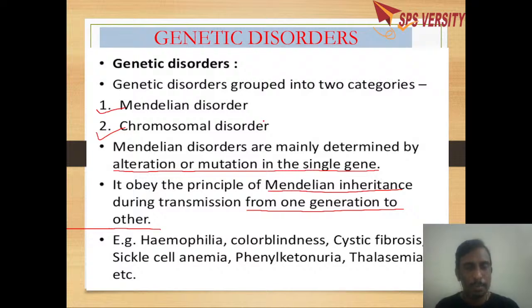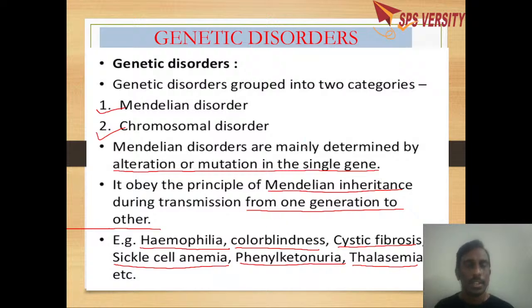So what examples come under Mendelian disorders? That is hemophilia, color blindness, cystic fibrosis, sickle cell anemia, phenylketonuria, thalassemia. These all come under Mendelian disorders.